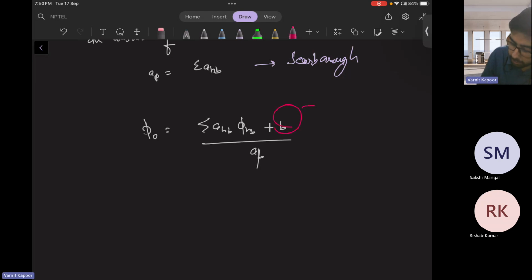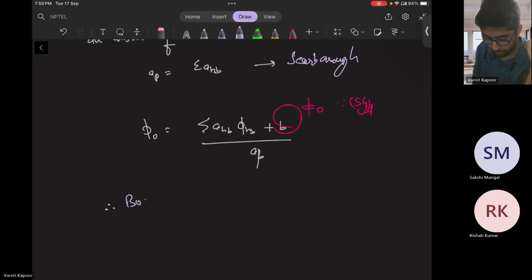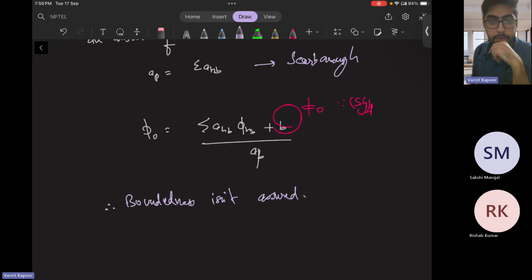And this is not 0, even if source is 0, because secondary gradient is present. The boundedness is not assured. Therefore, the secondary gradient term will create some oscillations in the solution.